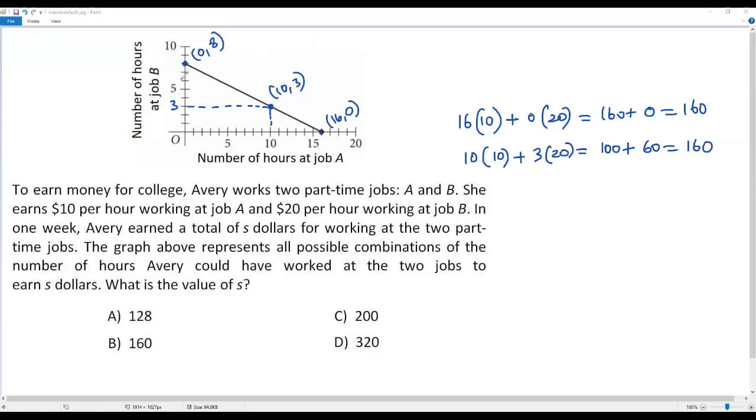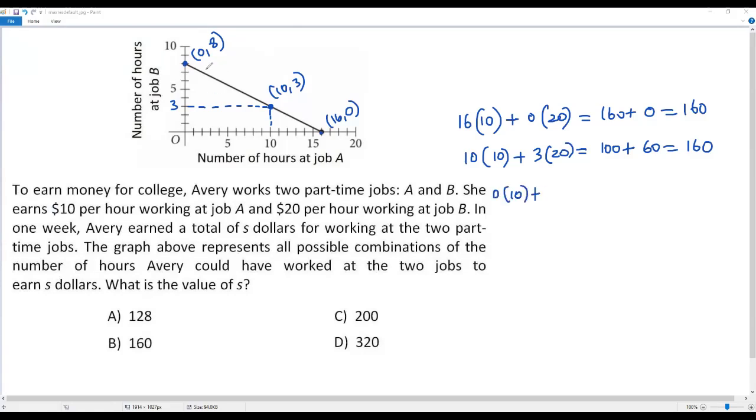Okay, now let's do the same thing for one more point, the vertical intercept (0, 8). This 0 represents the number of hours she works at part-time job A, and this 8 represents the number of hours she works at job B. To find the amount of money she earns at job A, we multiply the number of hours, 0, by the amount she earns per hour, 10.